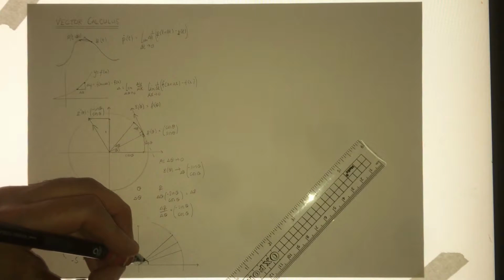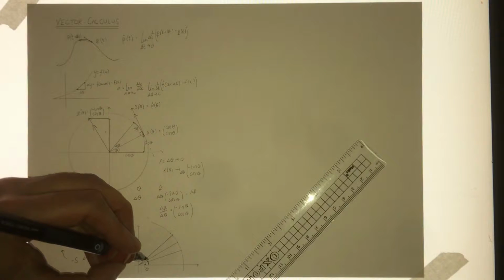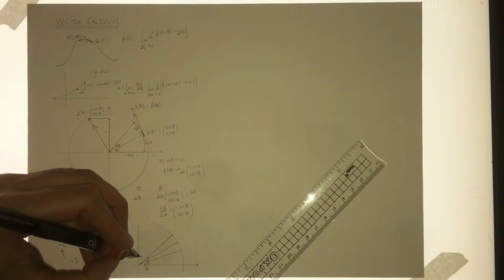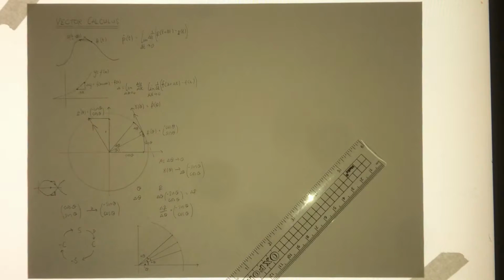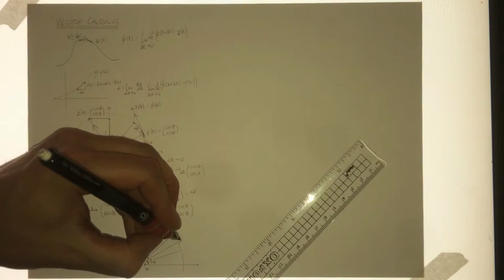So that angle there is theta, and both of these angles are delta theta. There's P for our theta.